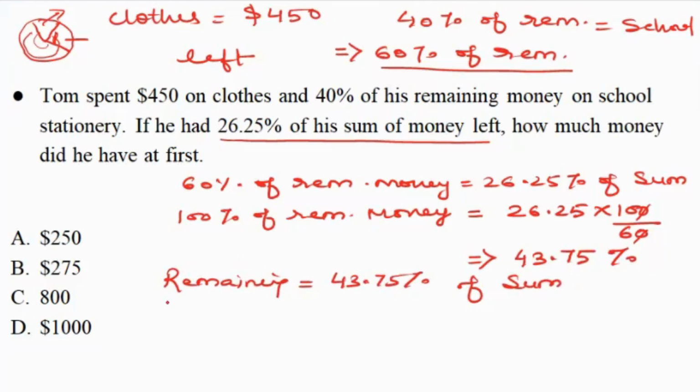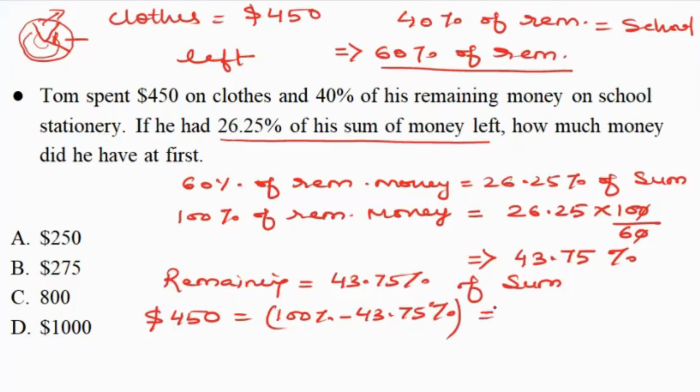We already know that he spent $450 on the clothes. So if from 100% we subtract this 43.75%, that will equal that $450. Because when we add $450 to the remaining sum, we get the total money. So that's why we are doing this.